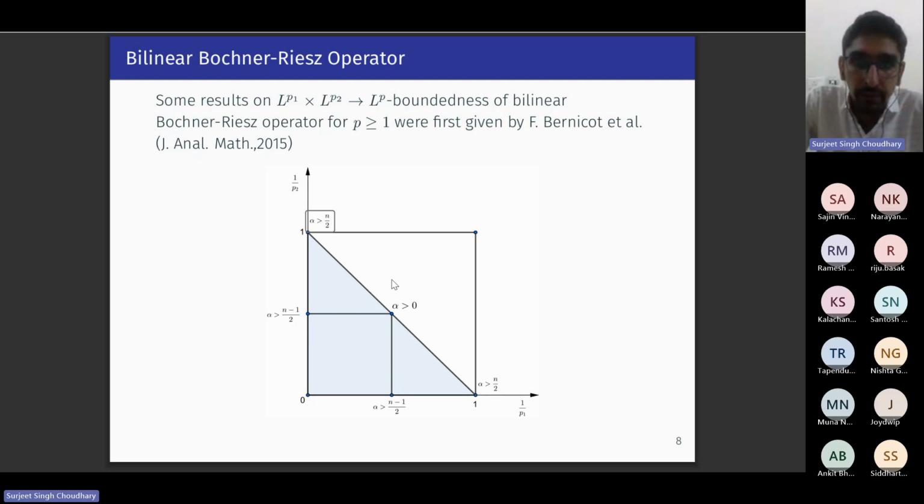And if any point p1, p2, p lies in the triangle above the shaded region, then p will be strictly less than 1. And we know when p is less than 1, L^p is not a Banach space. So we'll commonly refer to this region as the non-Banach region and the shaded region as the Banach region in the remaining part of the plane.